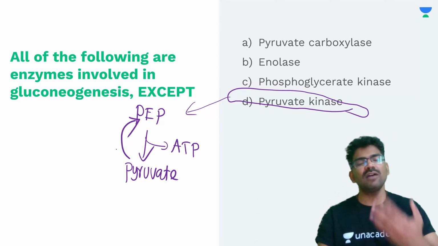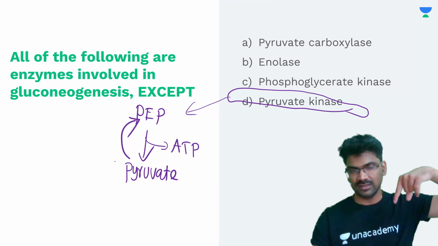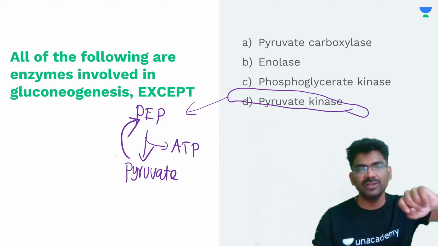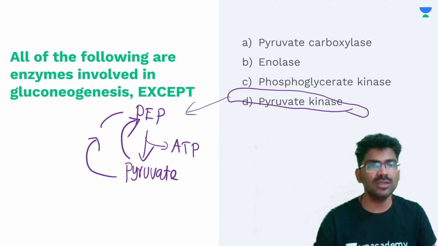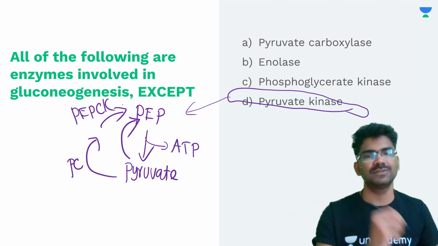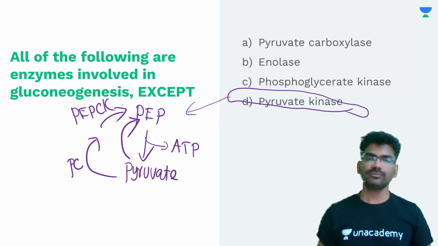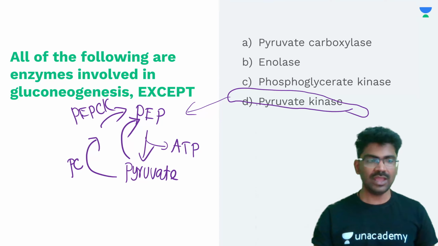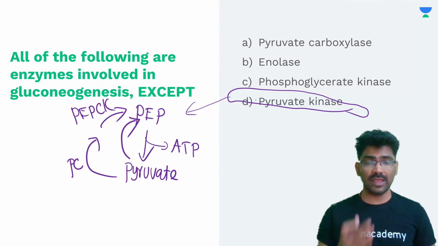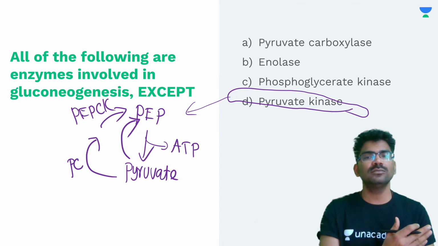gluconeogenesis. You don't have an enzyme that will directly convert pyruvate to phosphoenol pyruvate. So this conversion happens by two enzymes, pyruvate carboxylase and phosphoenol pyruvate carboxykinase. Whereas enolase, an enzyme of glycolysis, is reversible.